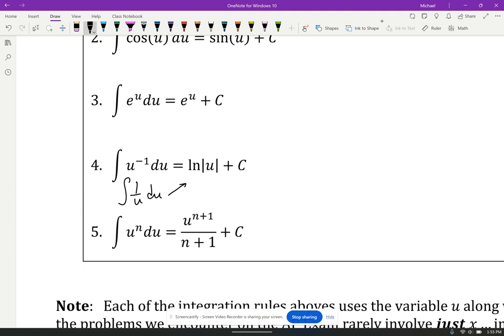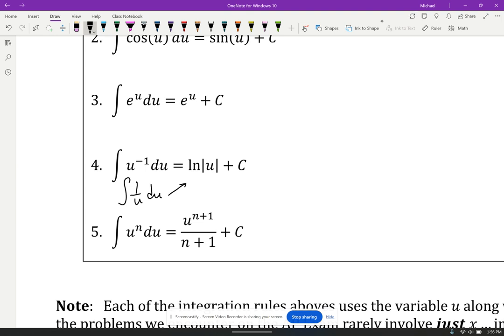And again, we use absolute values to ensure that whatever is inside of the natural log, since we don't know what it is, is a positive value, because the natural log of something is only defined if that something is positive, right? I can't take the natural log of a negative value, but I can take the natural log of a positive value. And so putting the absolute values ensures that whatever u is, it is always going to be possible. And then the last one is the reverse power rule.